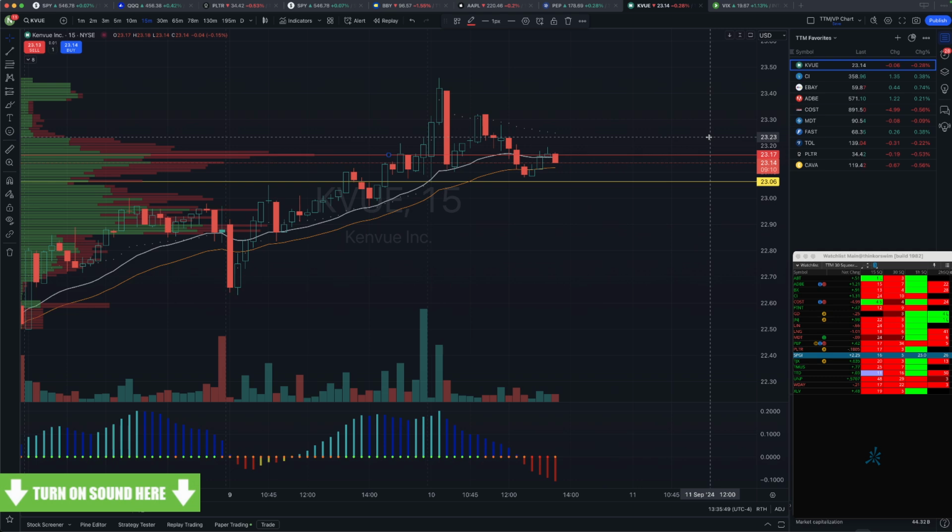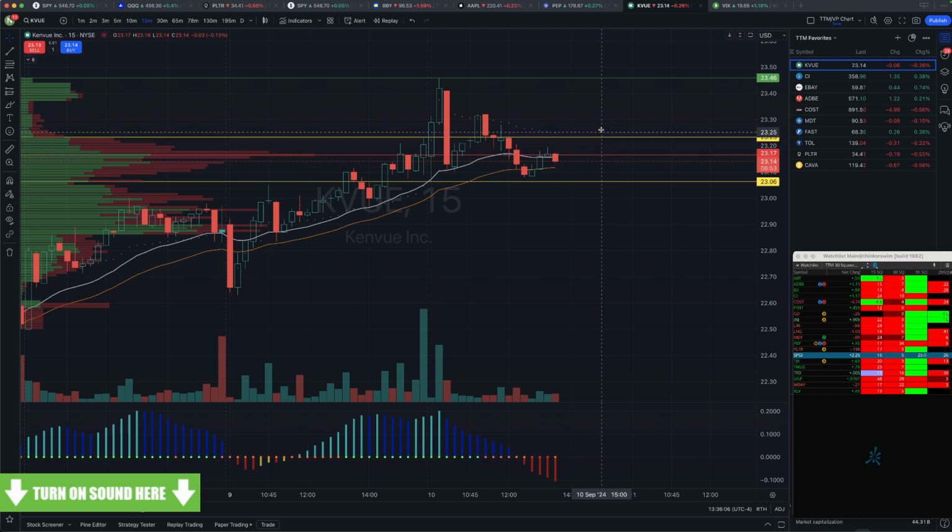I'm going to come in and put a value area high in yellow. I'm going to come in and put a new high. I like to put that in green.